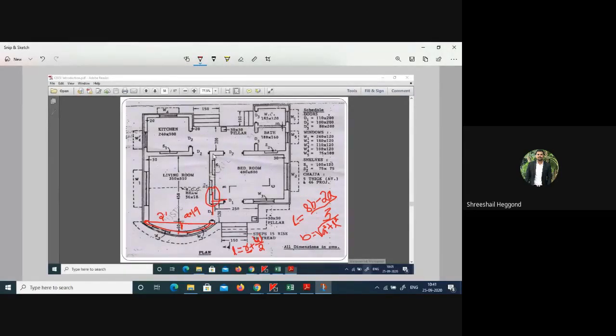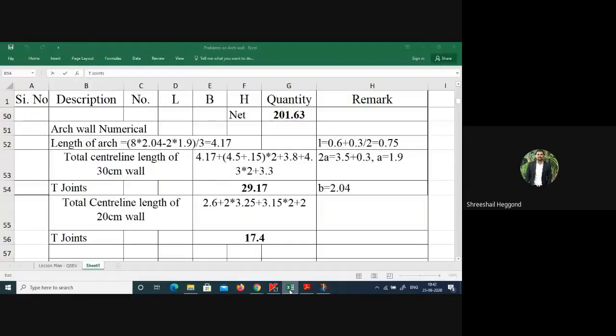And here also one more T junction is there, where this is a continuation wall and this is a connecting wall. And here this T junction and this one are 20 to 30 centimeter, that is not 30 to 30 centimeter. Therefore, only these two are the T junctions of 30 centimeter main wall. Therefore, it will be only 2.